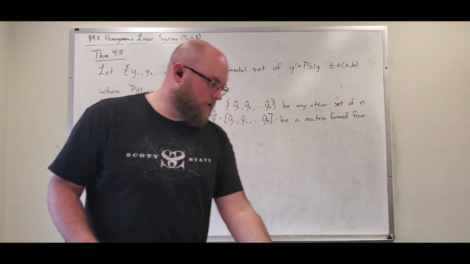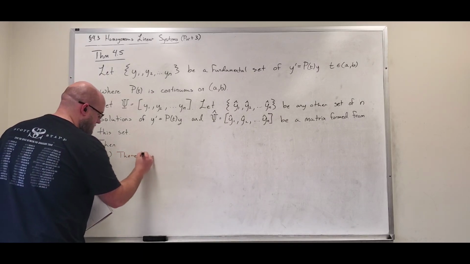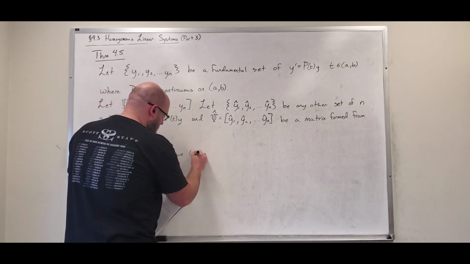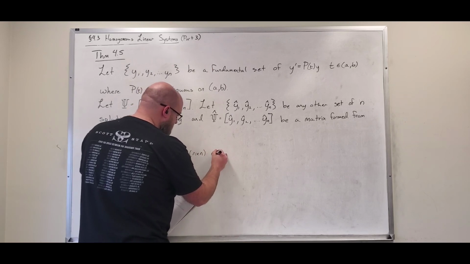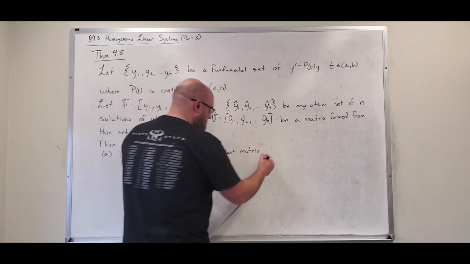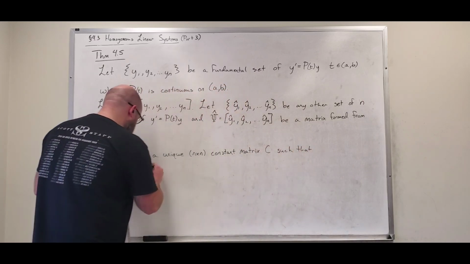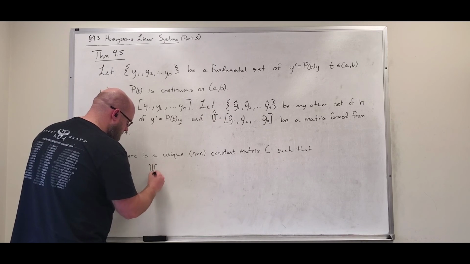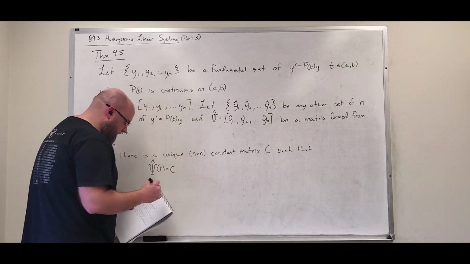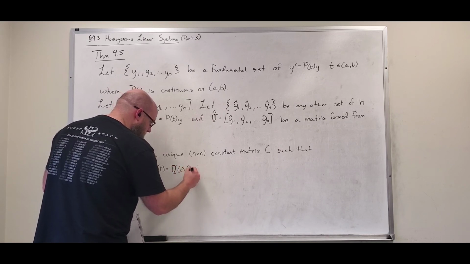There is a unique n by n constant matrix, we'll call it big C, such that if we multiply our original fundamental matrix by that constant matrix, we get out our psi hat.